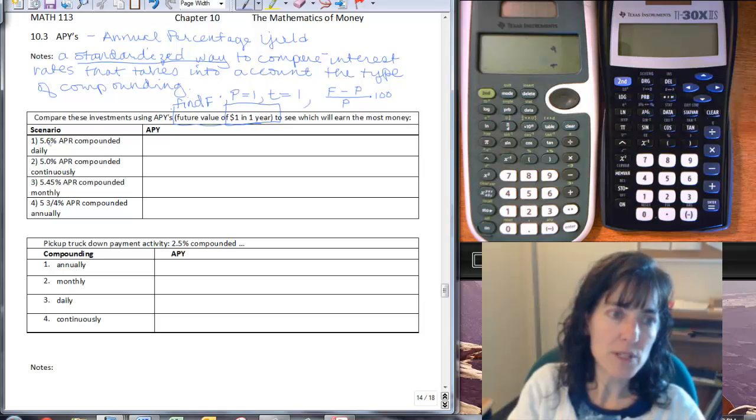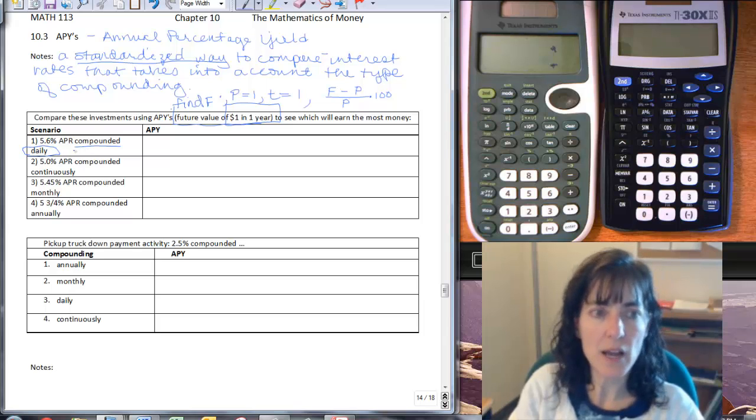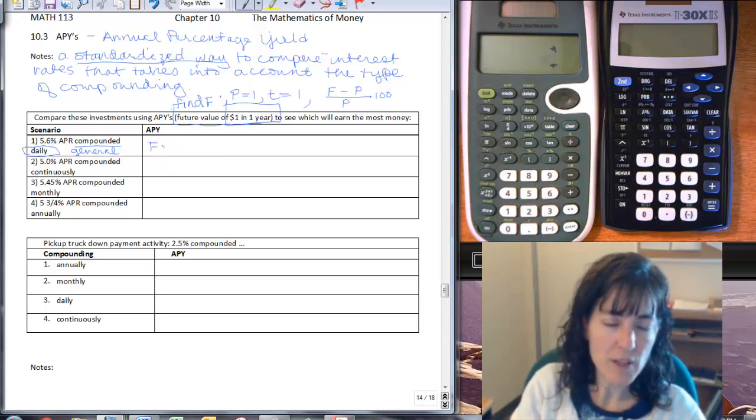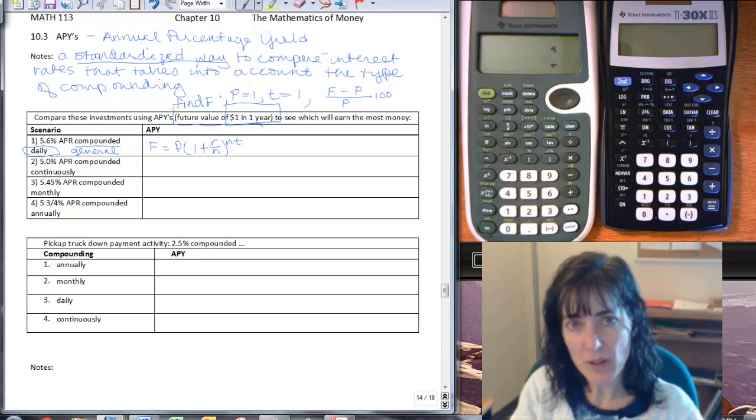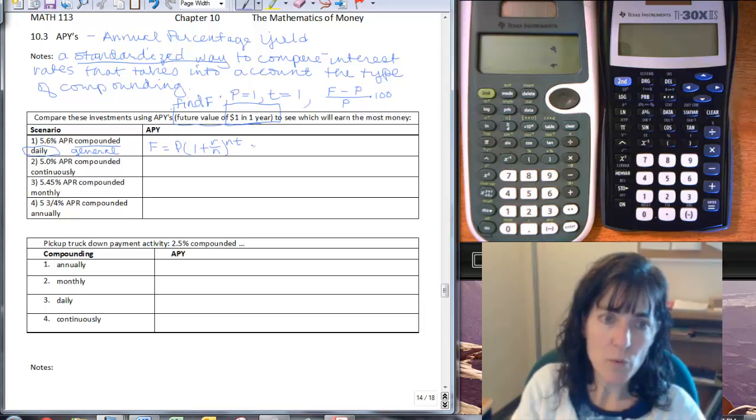So let's see, for this 5.6% APR compounded daily tells me I have to use the general compounding formula. So it's going to be F equals P times quantity 1 plus R over N raised to the NT power. Now remember, my P is going to be 1, my T is going to be 1, so I'm going to rewrite that.